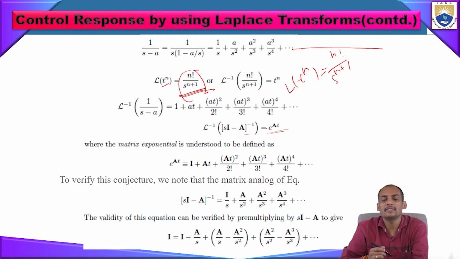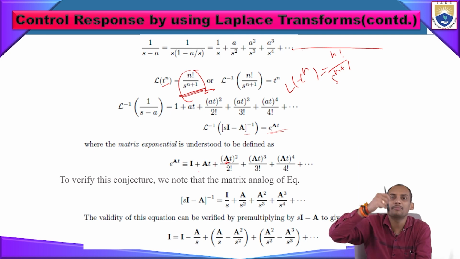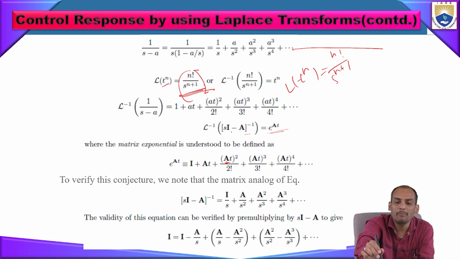So that matrix exponential can be written as I plus At plus A square t square by 2 factorial plus A cube t cube by 3 factorial. Here A is a matrix, that means in terms of matrices, the whole matrix inverse Laplace transform we are writing like this.